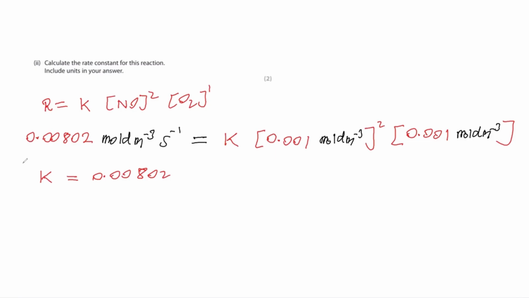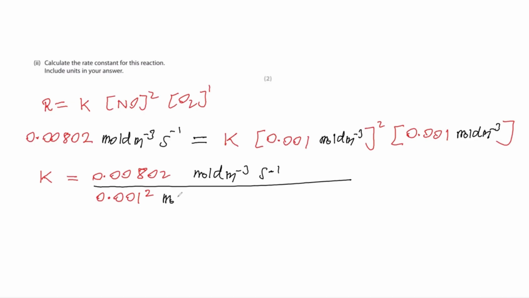So what I'm going to get here is 0.00802, and on top I will have moles per cubic decimeter per second. This whole thing is divided by 0.001 squared, and the unit also gets squared. So mole will be mole squared.